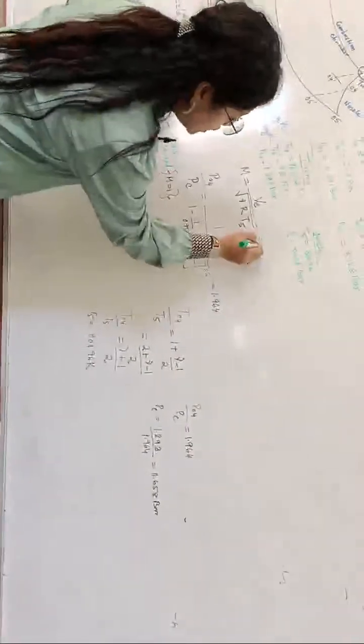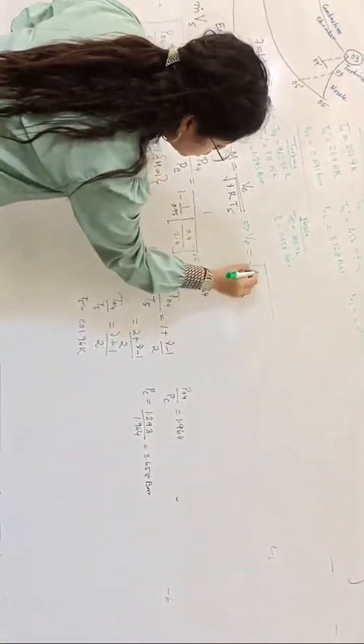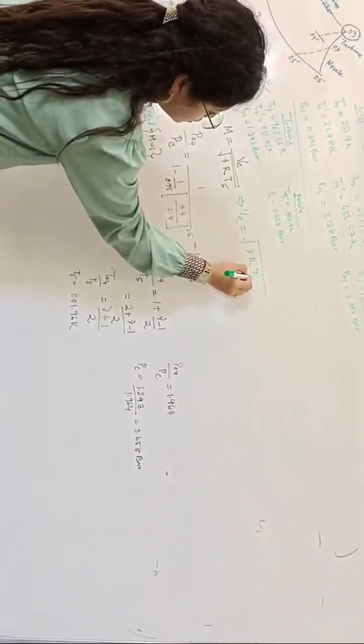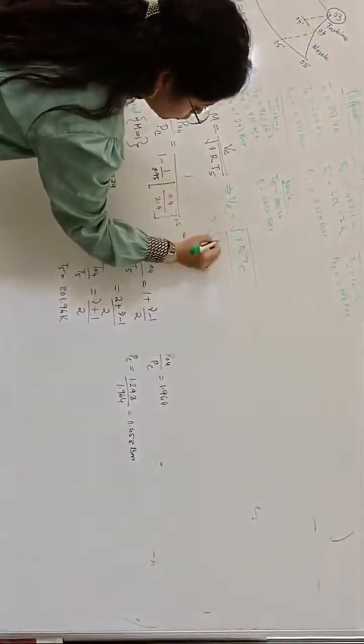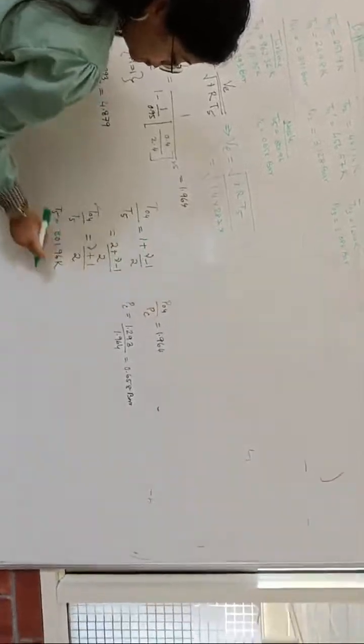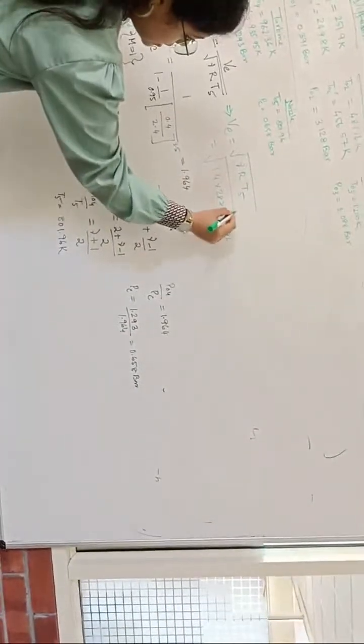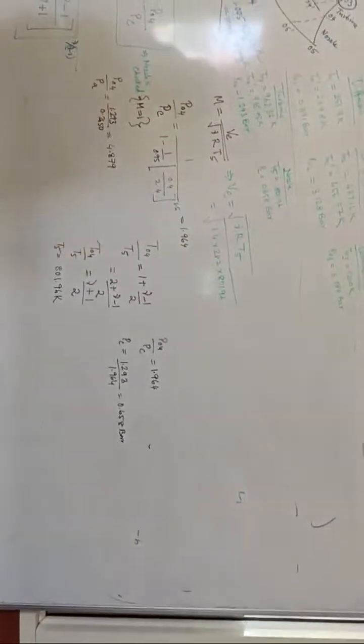So the exhaust velocity V is nothing but root over gamma RT5, root over 1.4 into 287 into 801.96. You will get your velocity.